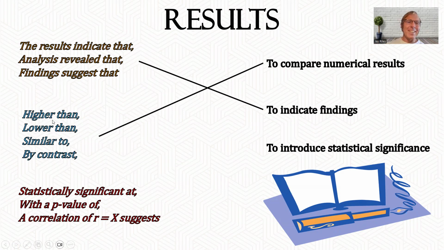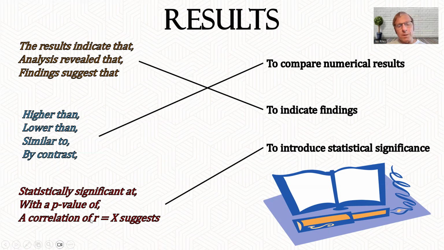This second one, higher than, lower than, similar to, or by contrast, is to compare numerical results. And then finally, statistically significant at, with a p-value of, or a correlation of r equals. These are all related to significance. P-value is related to significance.